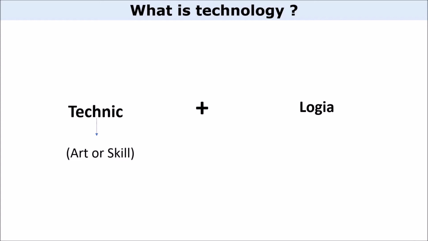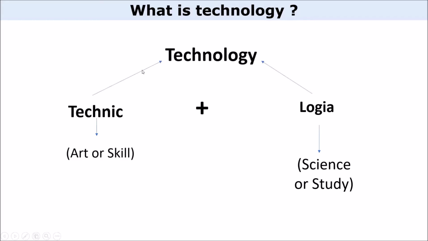Logia means science or study. A combination of these two words produces the word technology. Therefore, technology is a combination of art and science. Right, that's about technology.